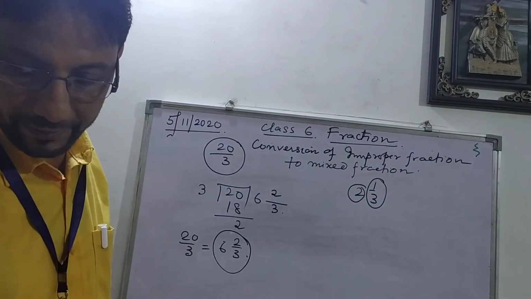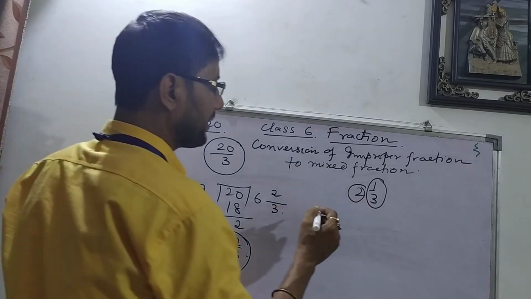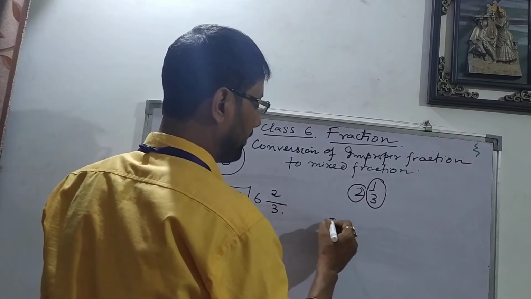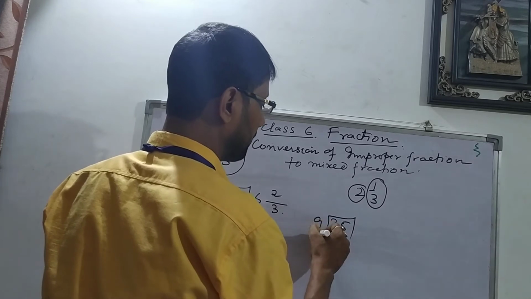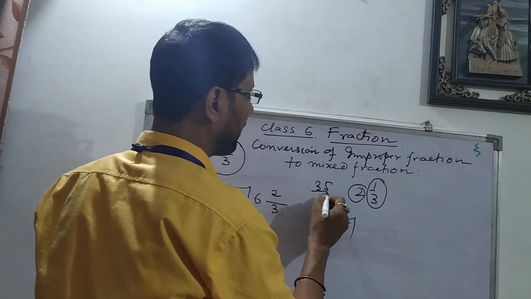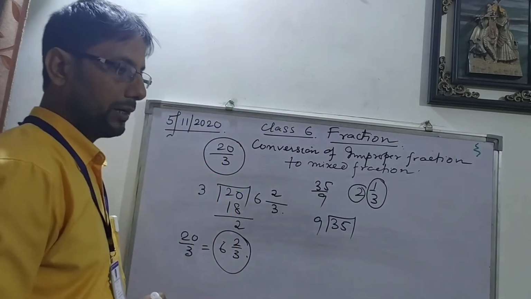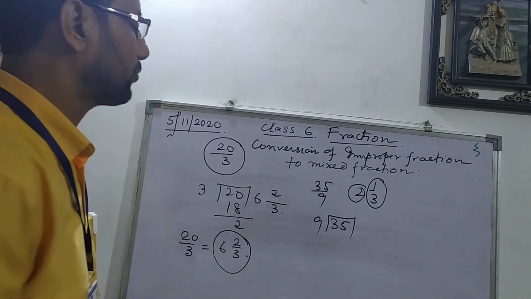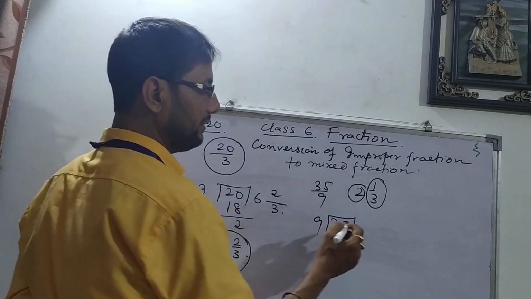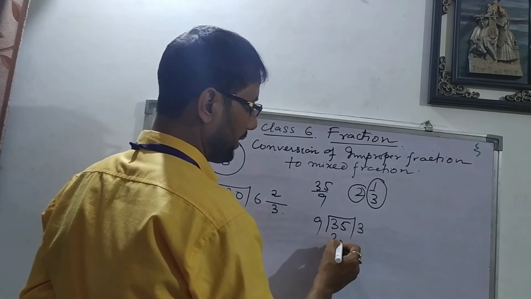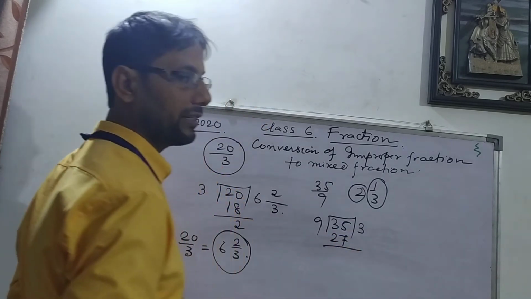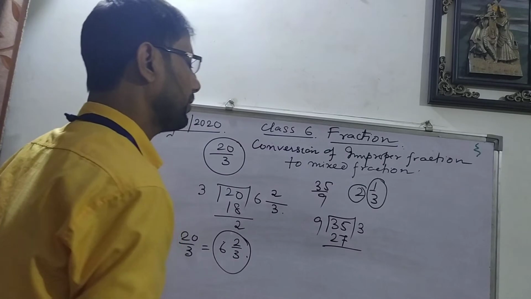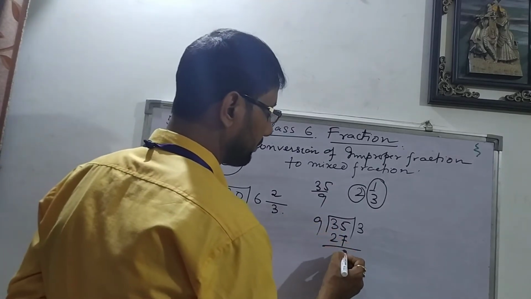Now another example let me take. Suppose 35 by 9. 35 by 9 means 35 divided by 9. So I will divide this 35 by 9. 9 3s are 27, because 9 4s are 36, it will be more. 9 3s are 27. Now the remainder will be 8.